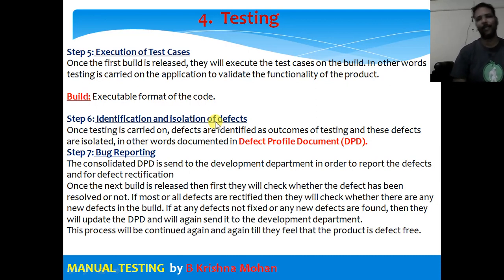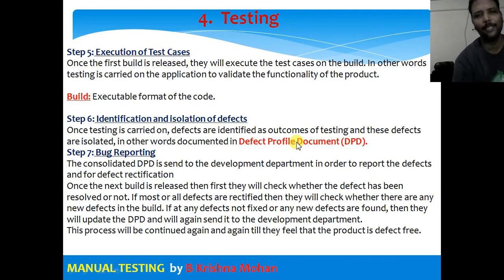Then that defect has to be written in a separate document known as the defect profile document. What is the document name? Defect profile document. In some companies it is also known as a defect report. The name changes, it doesn't matter.